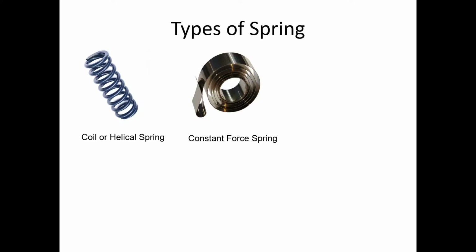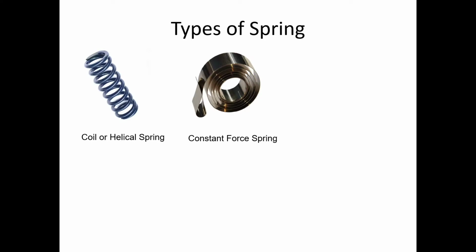Now let's have a look at the types of spring. According to its design, shape, and working principle, springs can be of various types. Let us take some examples. Coil or helical spring. It is the most common type of spring used in our daily life. Constant force spring.